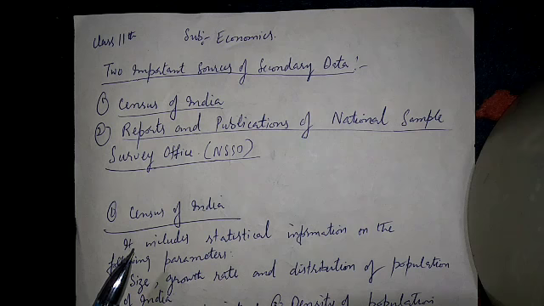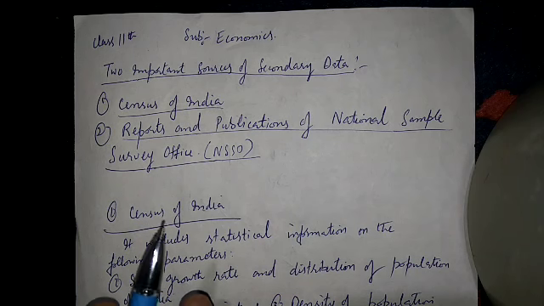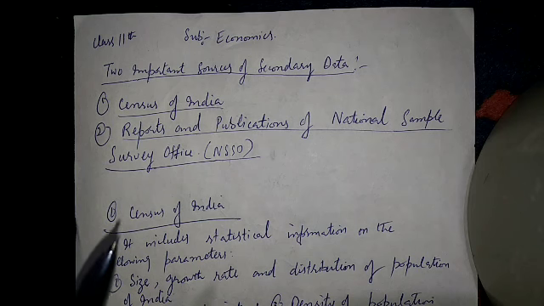You see, the Census of India provides the most complete and continuous demographic record of population. The census is being regularly conducted every 10 years since 1881. The first census after independence was conducted in 1951.